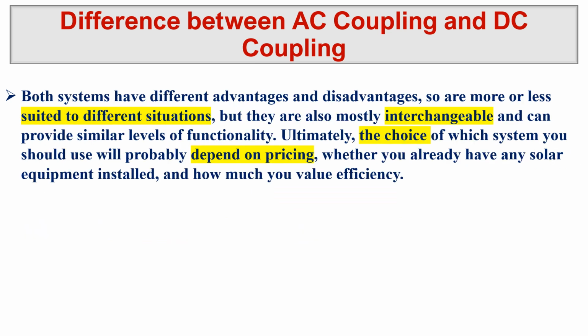These two systems are suitable for different scenarios, but they are interchangeable. We can modify these two systems and make them suitable for whatever we need. The choice of which system you should use depends on the pricing. Price also matters, because the AC coupled system price is a little bit high because we have two inverters.